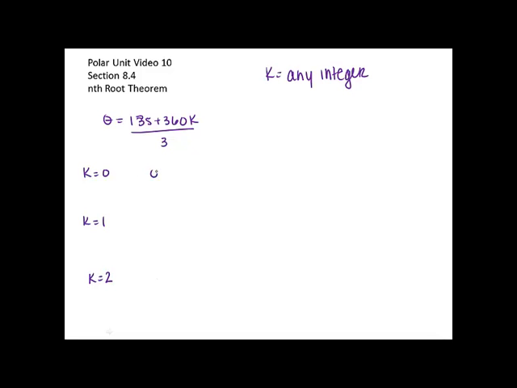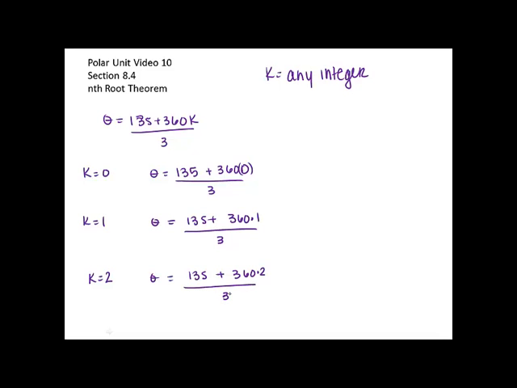So I'm looking at the angle that's going to occur when I have 135 plus absolutely no rotations divided by 3. I'm going to do 135 plus 1 rotation divided by 3, and 135 plus 2 rotations divided by 3.